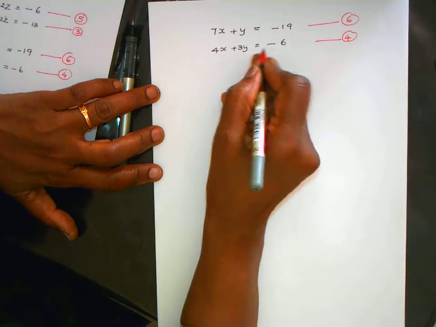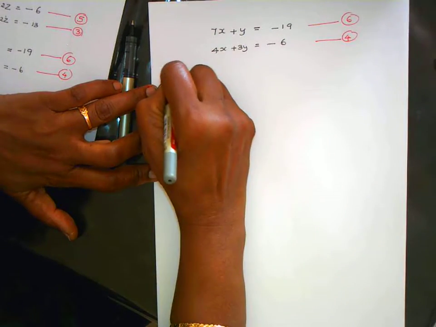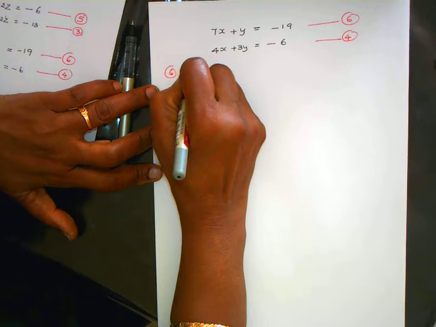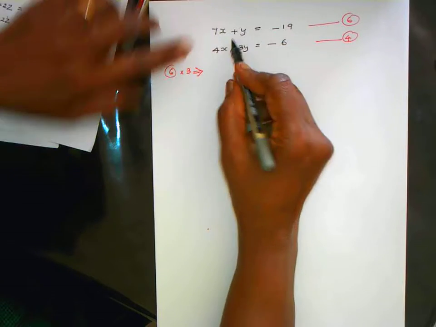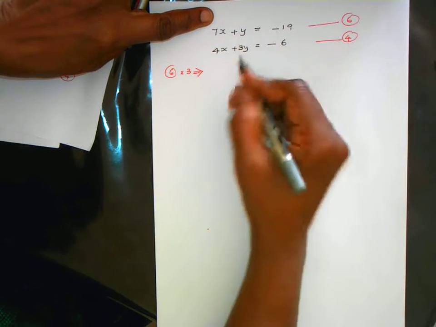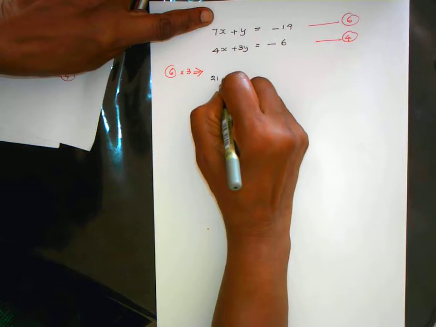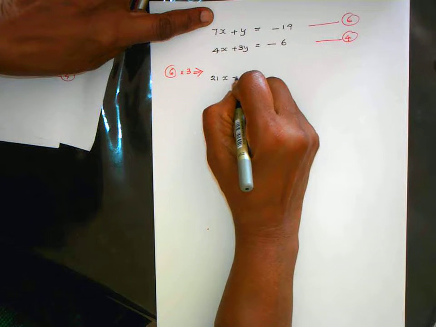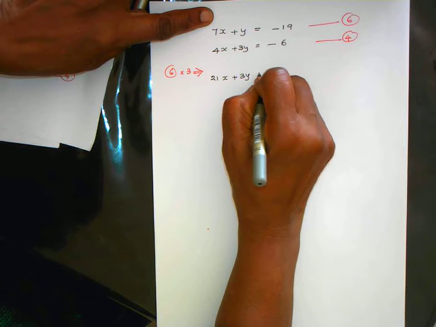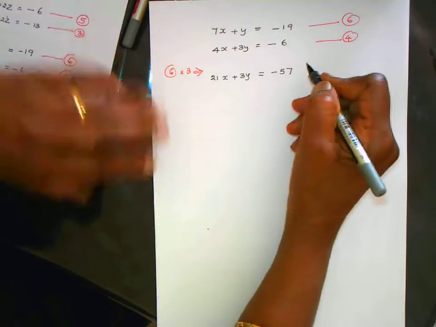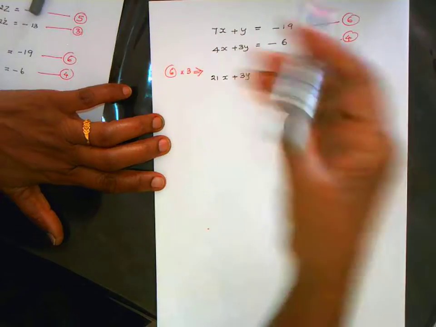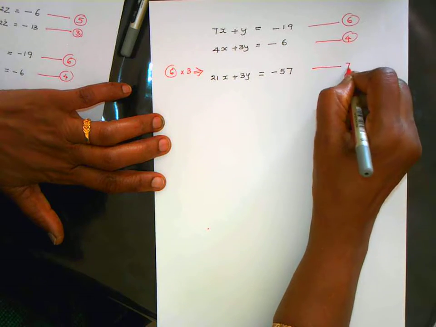So I'm going to multiply equation 6 by 3, which gives me 21x plus 3y equal to minus 57. This is my equation 7, because it's a totally different equation.